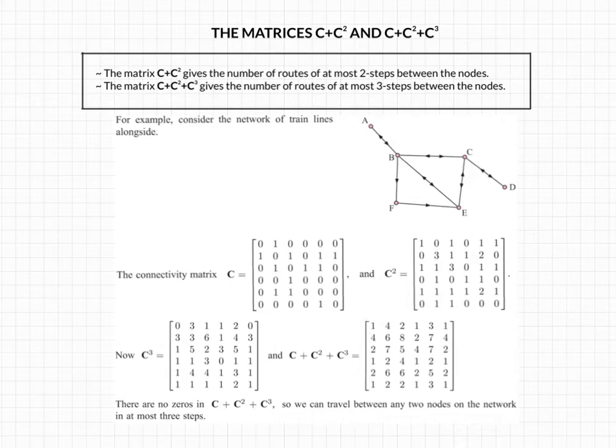Whilst we might not need to travel between A and A, we might need to return to A. So when we're considering a train line, we need to be able to get back to our starting point as well. And this can occur between any of those nodes. You can see that that connection between B and C, which happens to be 8, is actually quite high. And sometimes we might look at that information and see whether or not we want to reduce that.